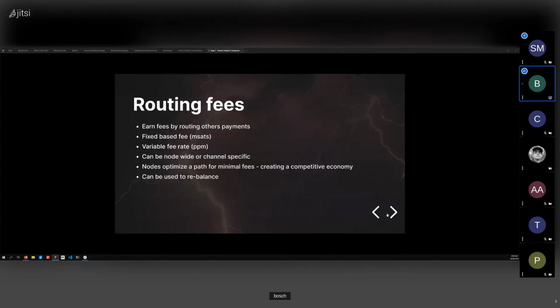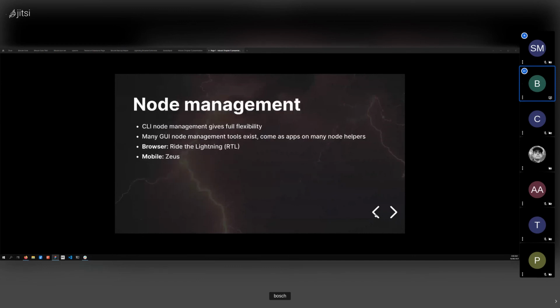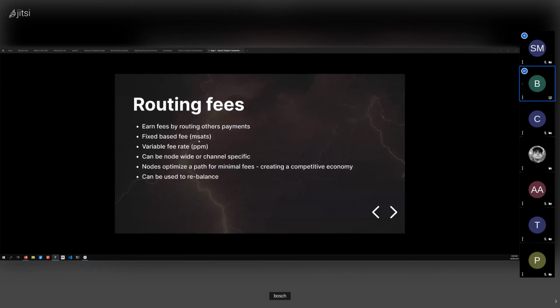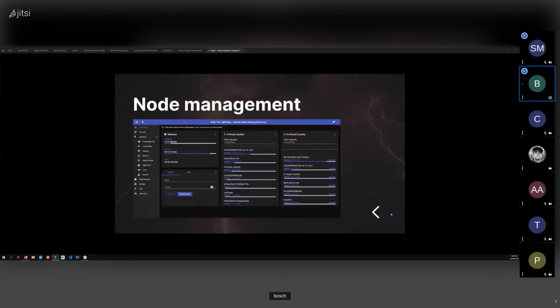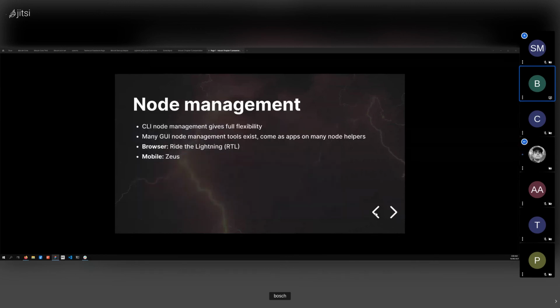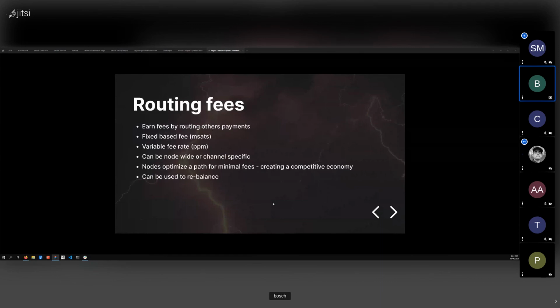There were only 3 more slides, so I was pretty much done. The fees, which you just discussed, was probably the important thing. And the last bit is just showing some node management graphical user interfaces, which show all that stuff that I just talked about graphically. But yeah. Wonderful.